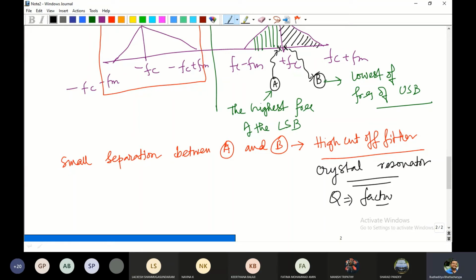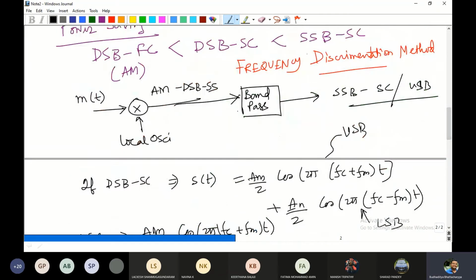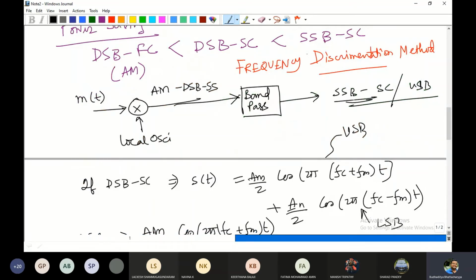All right, so that's why using a single bandpass filter, it is not always possible to generate a very good SSB signal. So people have found out that there can be a two-stage process where there can be bandpass filter 1, then the signal is passed through bandpass filter 2, and then we gather the SSB signal at the output.